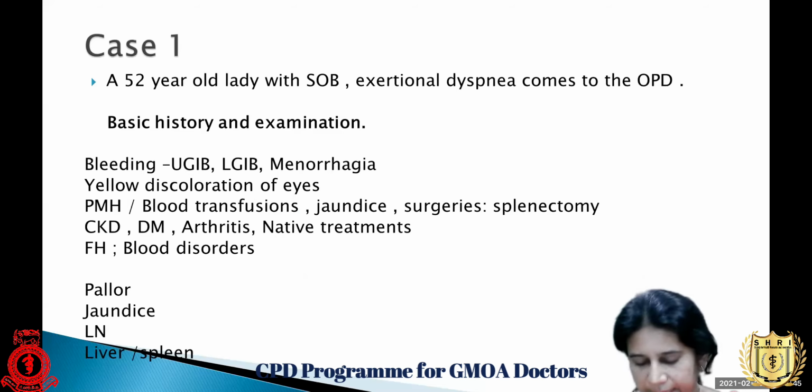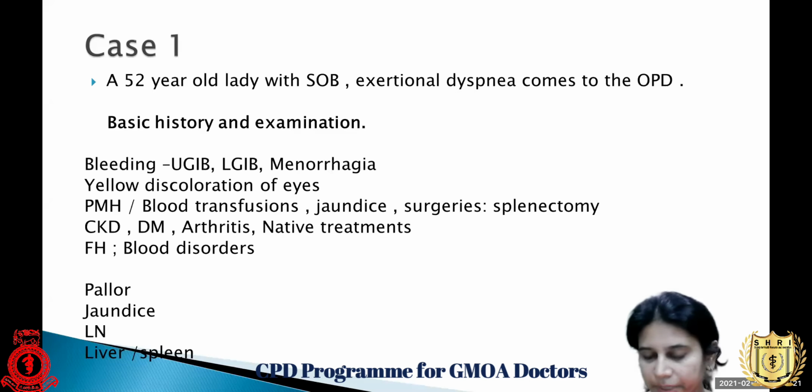Okay, we'll move to the cases, case by case. There are a few cases. Case 1, a 52-year-old lady with SOB, exertional dyspnea, comes to the OPD. I'm talking about hematology, so most possibly you are dealing with anemia. So when you are suspecting anemia, when a patient comes with anemia, you cannot forget the basic history and examination in relation to the hematology part. In the history, you have to ask about the bleeding.